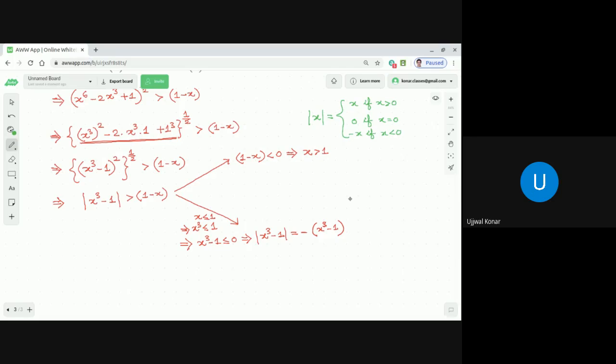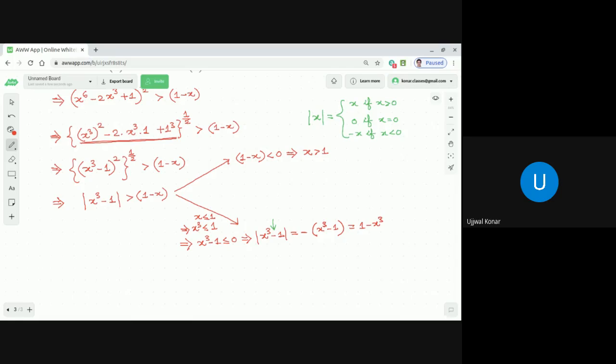Correct, no? So now, what is there inside? x cube minus 1 is less than 0, no? So its mod value should be minus of x cube minus 1. Minus of x cube minus 1 is equal to 1 minus x cube. Correct or not?